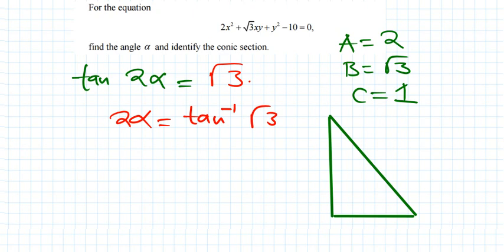From that triangle we've got the 30 and the 60. The 30, if you convert to radians, gives you pi over 6. And then you also have pi over 3, which is your 60.